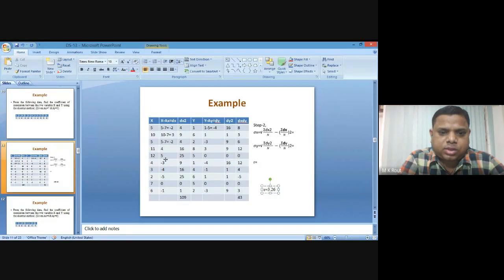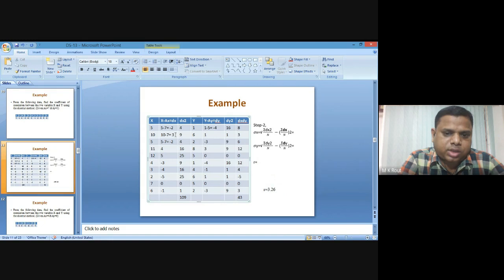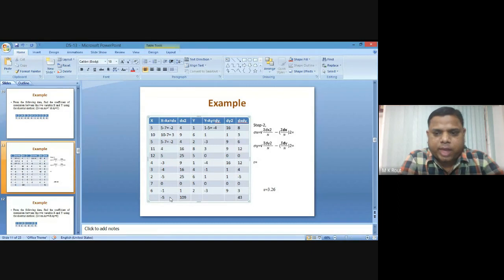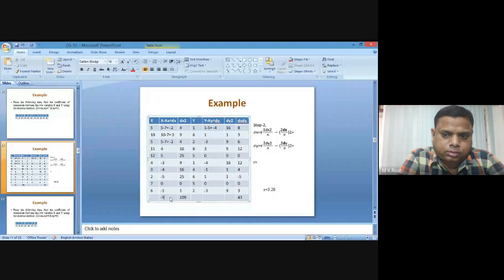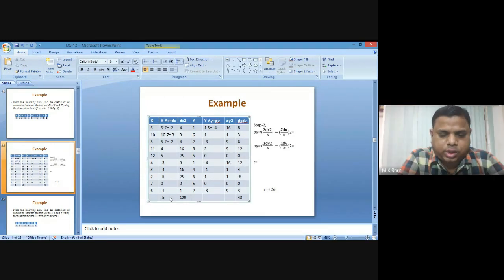Summation of dx is how much? That means minus 2 plus 3 minus 2 plus 4 plus 5, so minus 5. I write here minus 5 divided by 10 square. So it is 1/4, okay? 10 represents the number of observations.